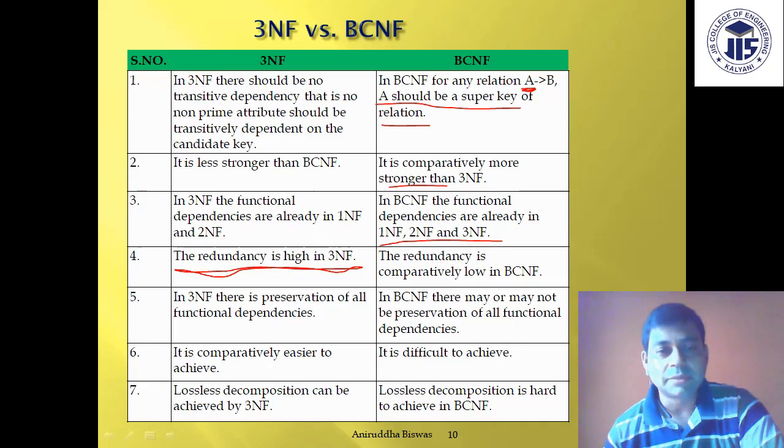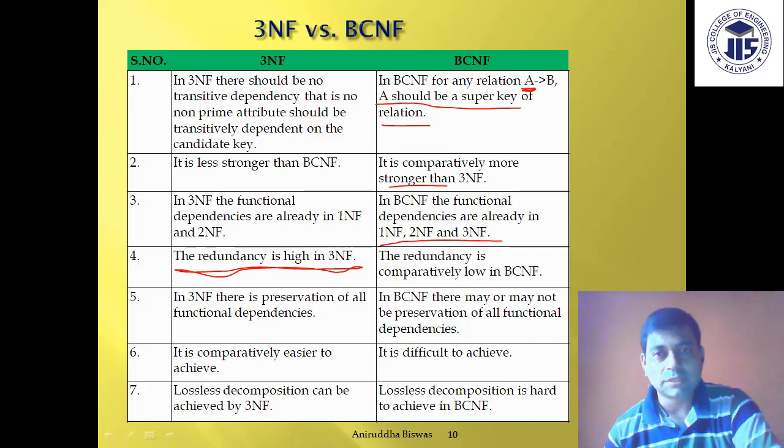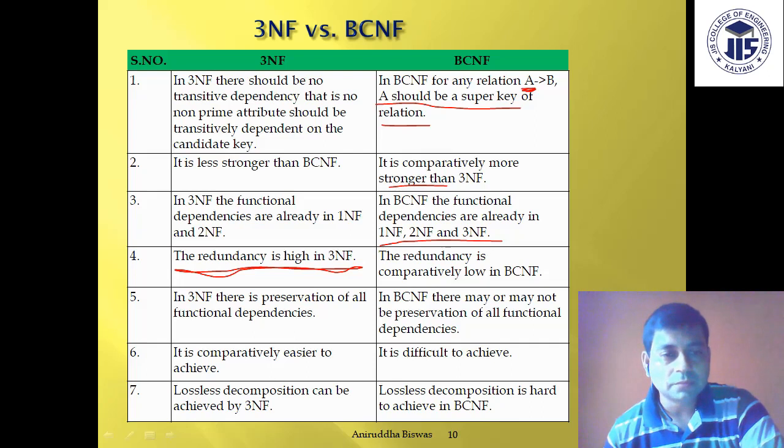The determined must be present in the candidate keys. So to achieve that, we sometimes have to suffer from redundancy. But in BCNF, the redundancy is comparatively low in this particular Boyce-Codd normal form.